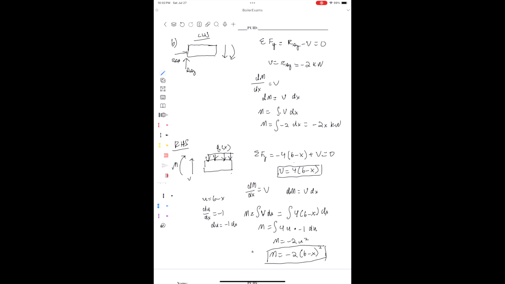Since we're solving for our internal bending moment, you can't separate that out from that 6 bit because we're still taking our moment about point A. So it would not be correct to just separate that 6 minus x.